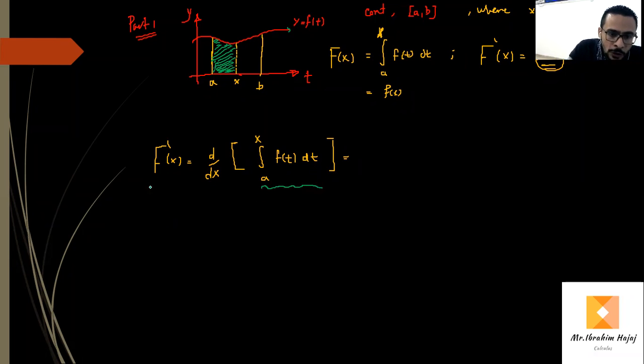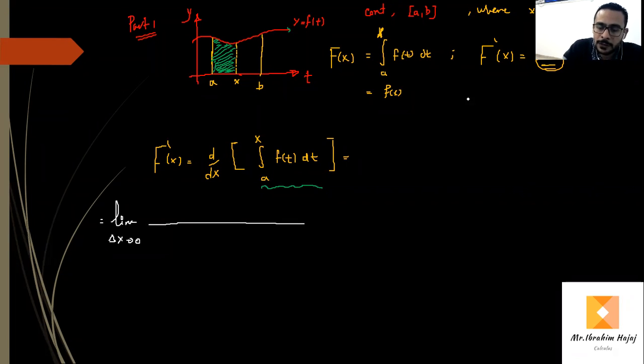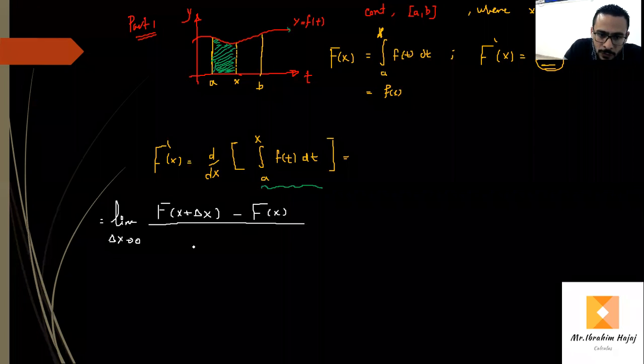You know the definition of the derivative we saw in the first term, which is the limit. F prime of x equals the limit as h, or delta x, approaches 0 of F uppercase of x plus delta x minus F of x, all over delta x.